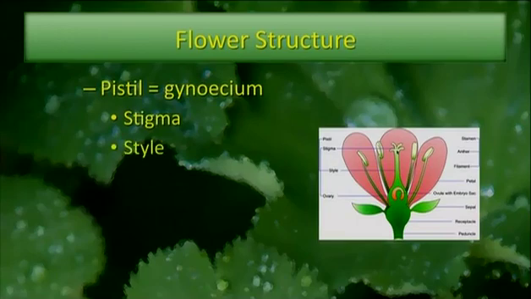You have the style, the tube that joins the stigma and the ovary. The ovary has one or more ovules in it. After pollination and fertilization, the ovary usually develops into the fruit. The ovule develops into the seed, and inside of the ovule you have the embryo.